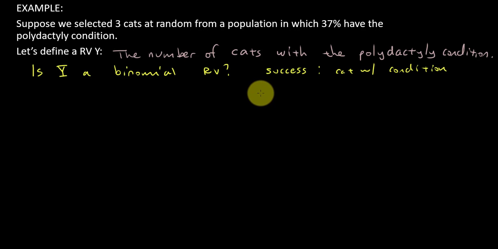Next up, what is the probability of this success, and is it constant? Well, the only value for probability that could be possible here is that 37%. So we will call that the success probability and assume that it is constant.